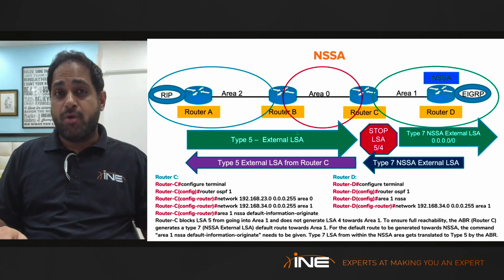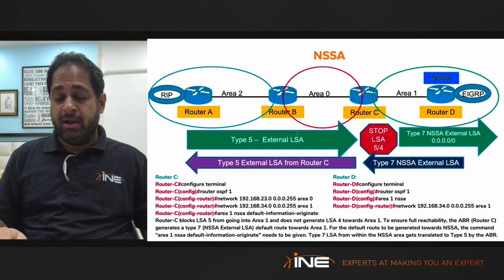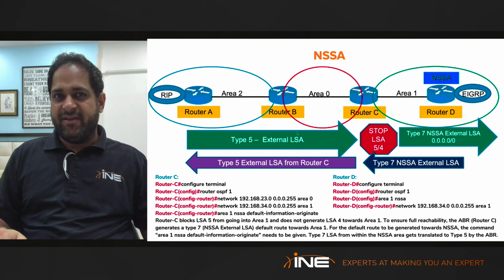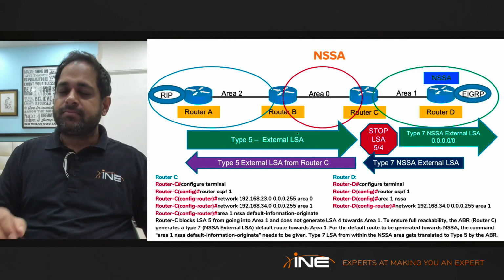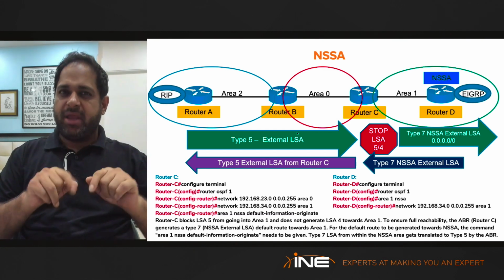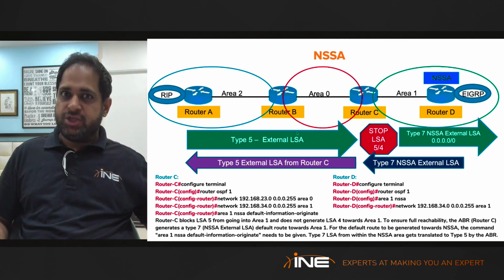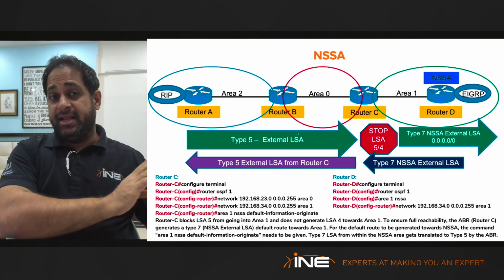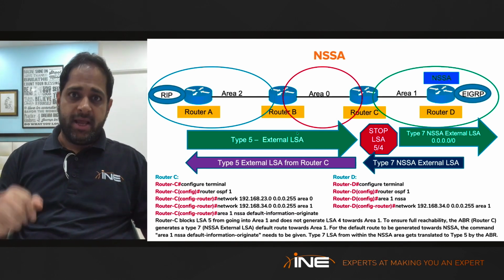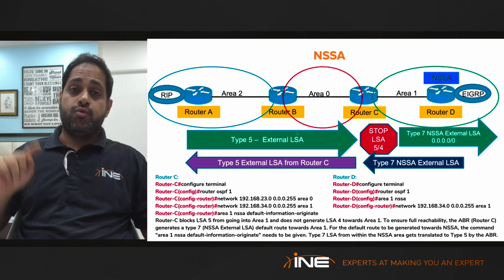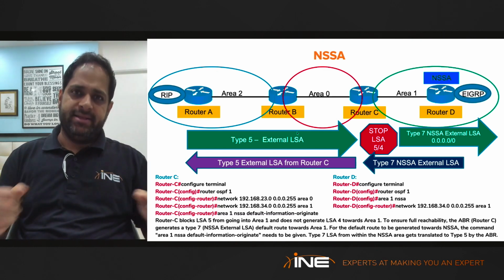So router D becomes the ASBR, but because this area is configured as not so stubby, router D would not generate type 5 LSA. Let me in fact tell you what's happened. Now if you look at this diagram carefully, I have two ASBRs. One ASBR is in area 2 outside the NSSA area, which is router A, and one ASBR is router D, which is inside the NSSA area.